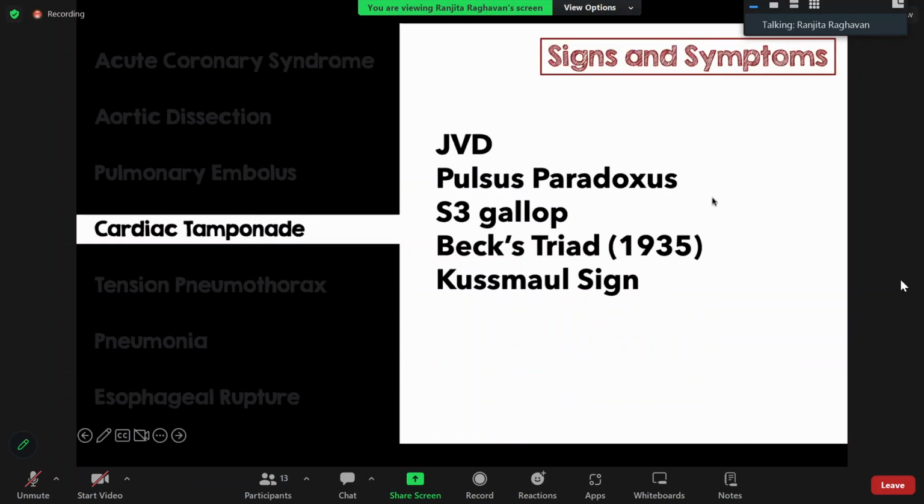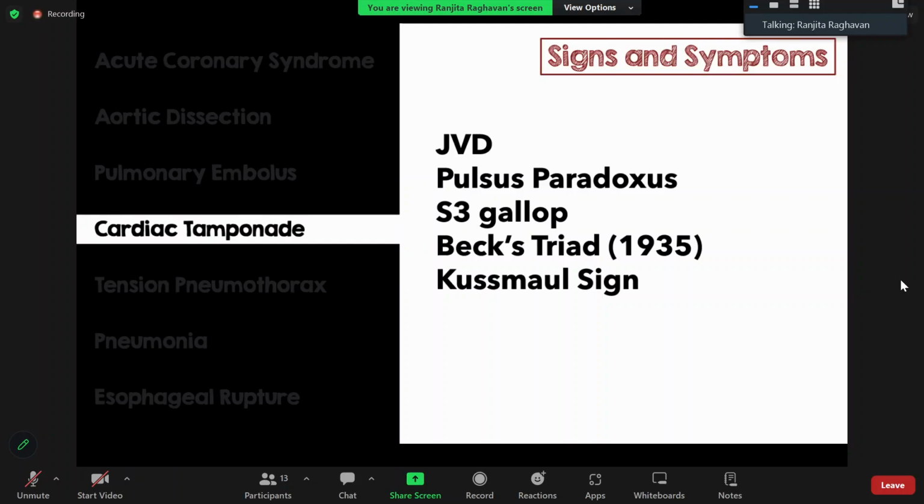Classically, the signs and symptoms we think of for cardiac tamponade are bounding pulses and JVD. They talk about having an S3 gallop on your exam. I personally have never heard an S3 gallop. I don't think that's something very easy to really hear.